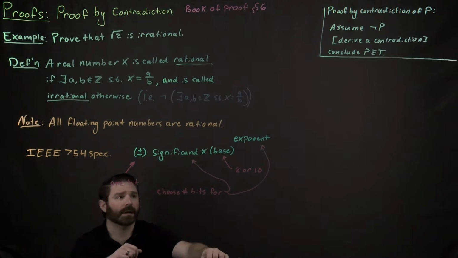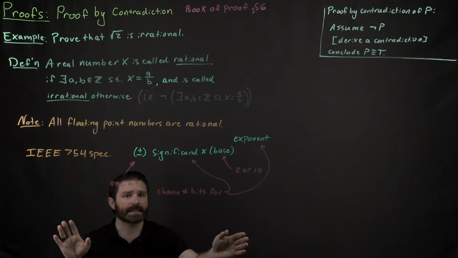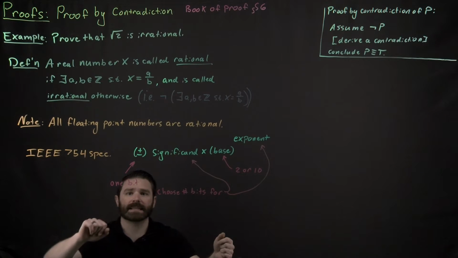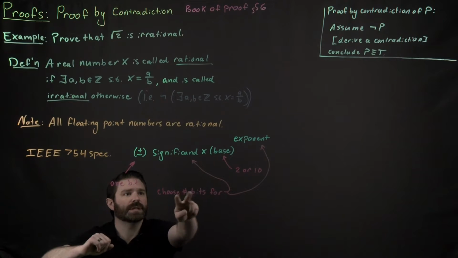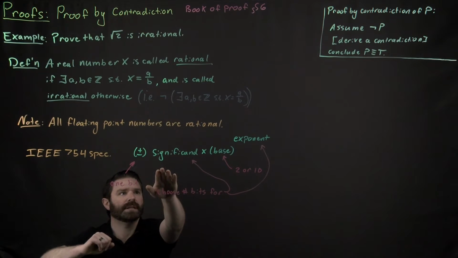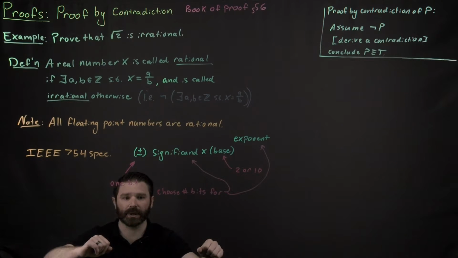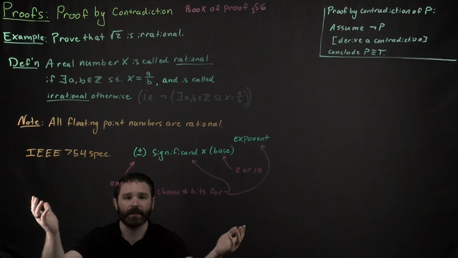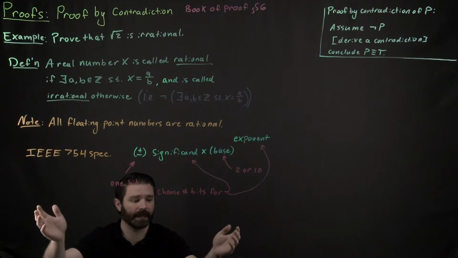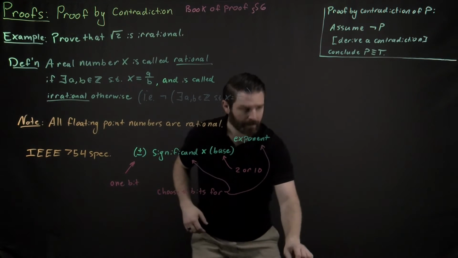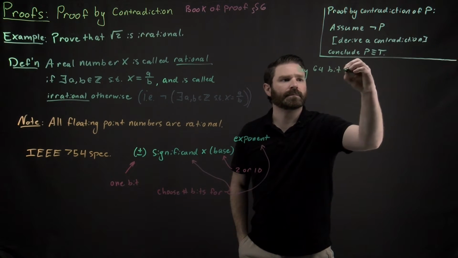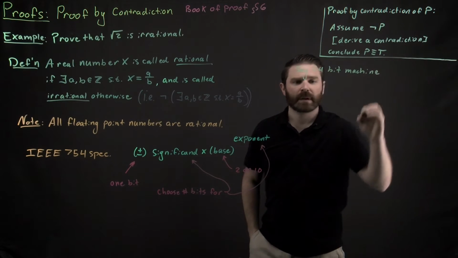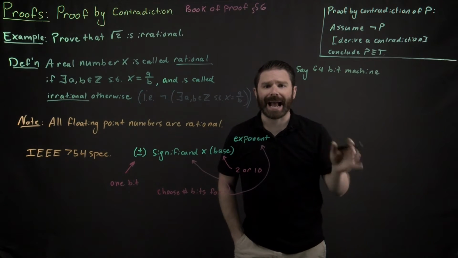So if you're operating on a computer with, say, 64 bits, one of those bits has to be devoted to the sign, and then you get to choose how many bits you devote to the significand and the exponent. So let's say, for example, you are working on a 64-bit machine, and you want to be really, really accurate.